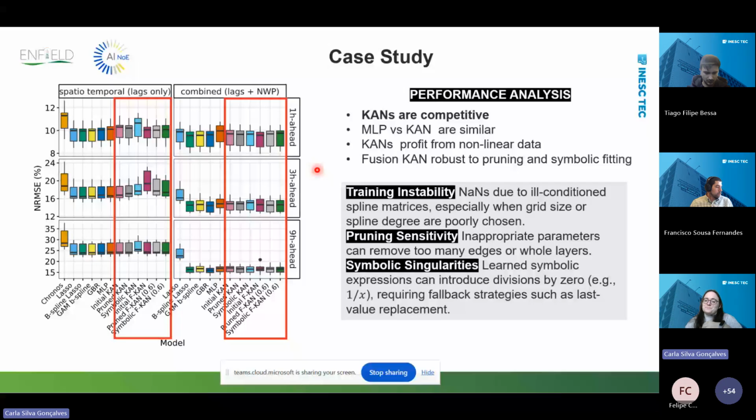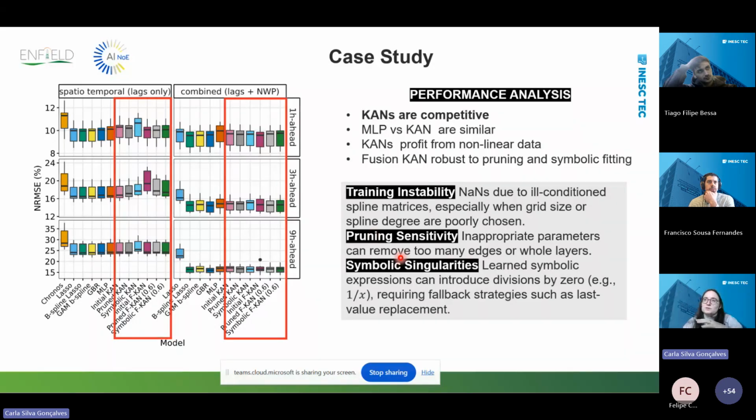Of course, during the experimental part, while implementing this, we saw some training instability. It's normal with neural networks, and this happened because we needed to do hypertuning. When we tried default parameters, we had a lot of instability. So it's really important to do good fine-tuning, and we did it with Bayesian optimization. The pruning sensitivity is also very important because if we are too aggressive, then we will prune all the edges.